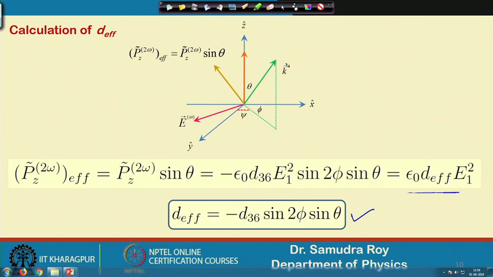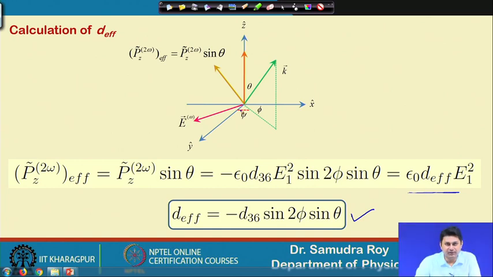So, we need to divide this field into two parts, one along this direction and one perpendicular to that. If we divide the perpendicular portion, then we will have a sin theta term that should be added to get the effective polarization term. So, here we find the D effective is not only D 36 D 25, but also a sin theta term has to be added with that. So, this sin theta term is important because this is the effective one.